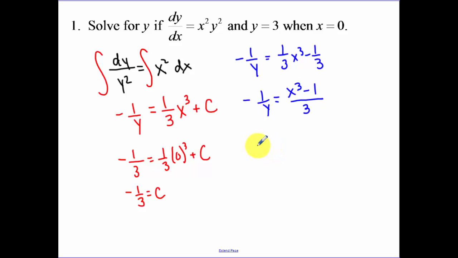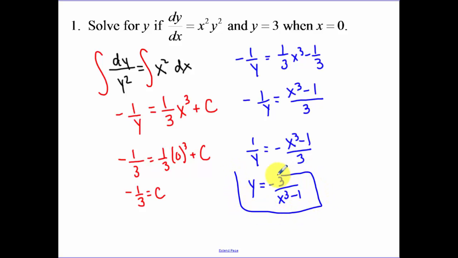So I'm going to multiply by negative 1 first. And then there's a property of proportion that says that I can flip this side, flip that side, and there is our answer.